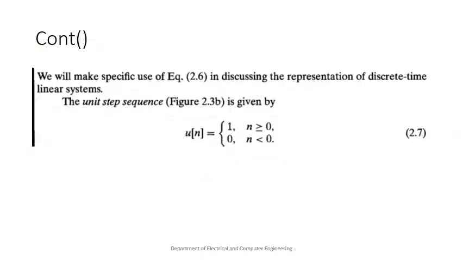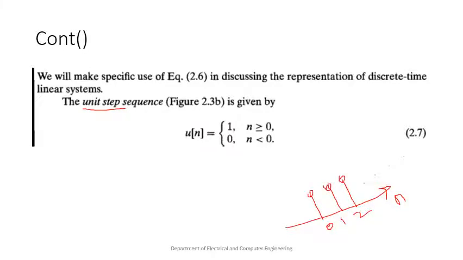Another very important signal is the unit step. We have talked about the unit impulse, and now the unit step according to this definition. This is the n axis. When n is greater than or equal to 0, the value of the function is 1. So 0, 1, 2 and so on.